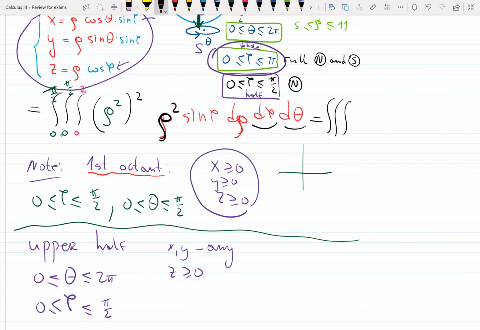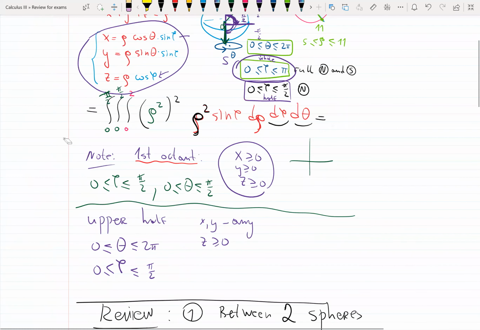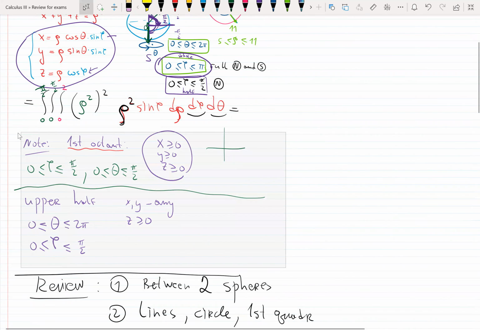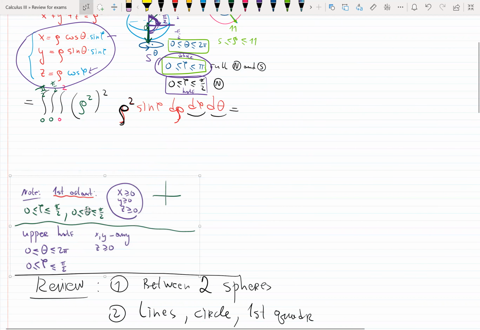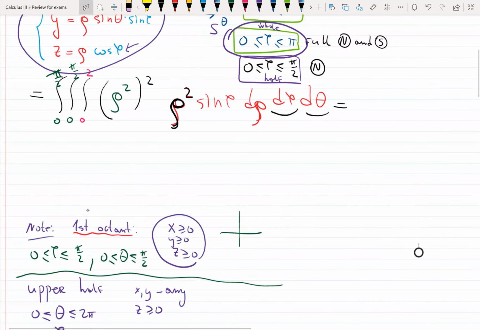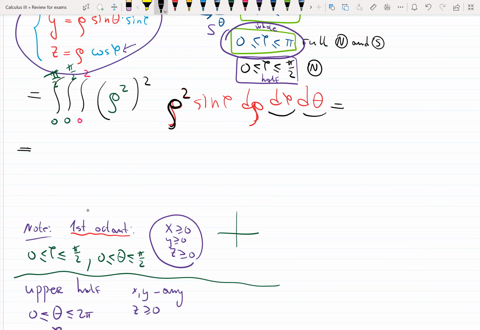Integral, integral, integral. That's the topic of triple integrals, how to even do them. So the best part is you can break them into 3 integrals in this case, because there's no functions involved in the limits of integrations. So if all the limits of integrations are numbers, constants, then you can break this integral, the last one, which is working with theta.